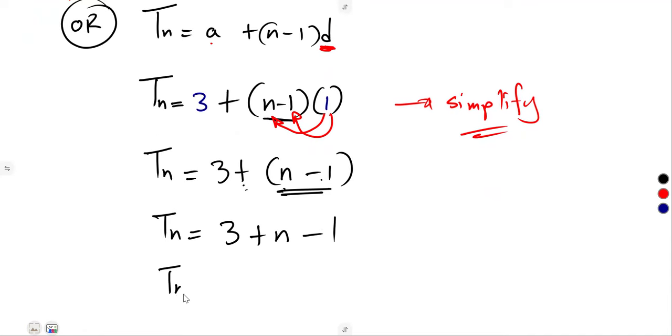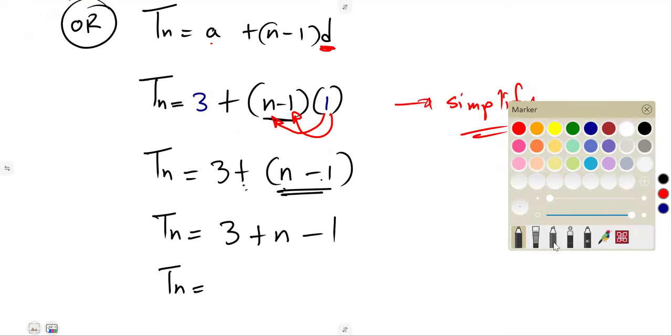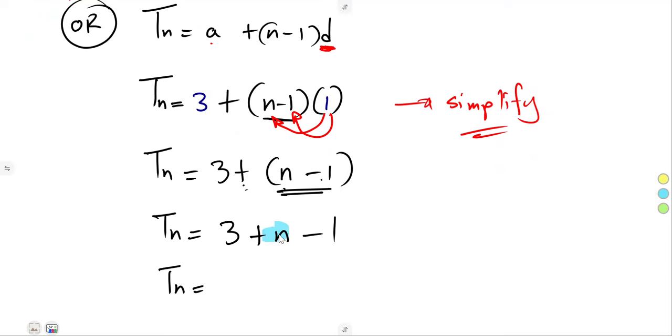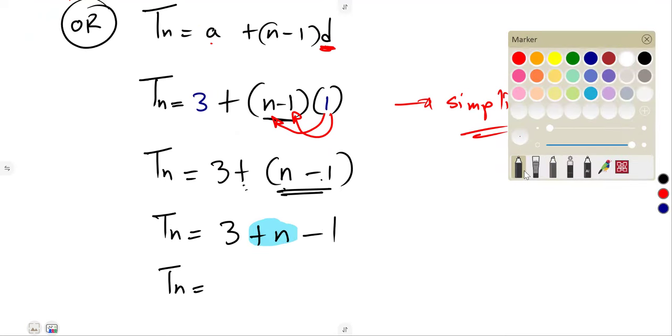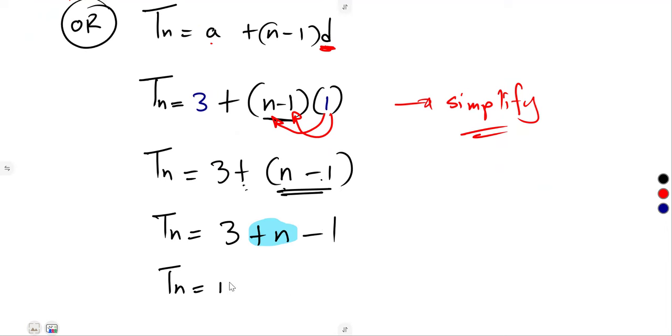Let's simplify further. There is n, which is our variable, being a positive. You can just rewrite as it is. So that's n. Then continue with the constants 3 minus 1, which is equivalent to 2. So this is what we have.